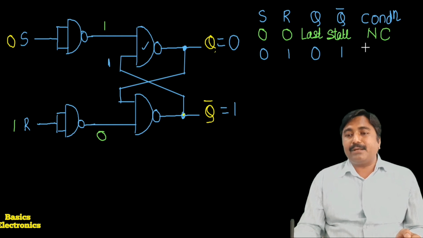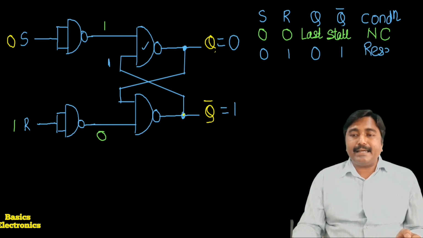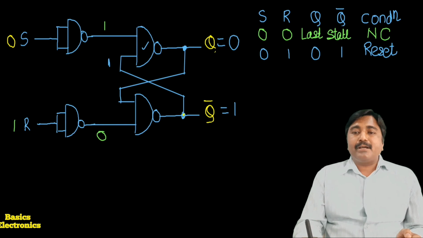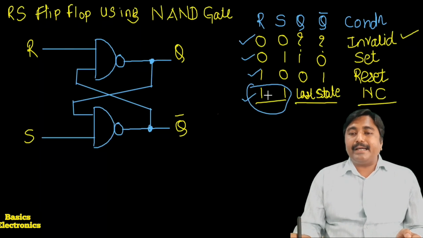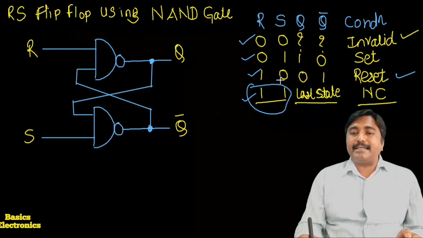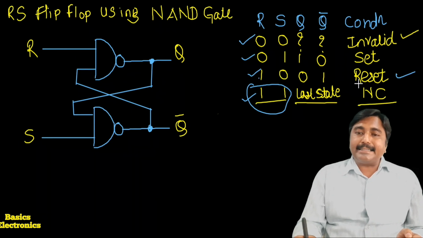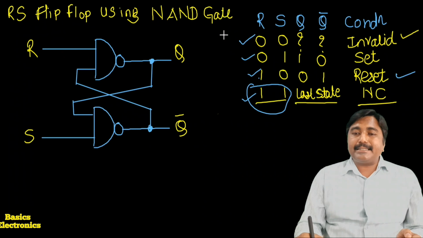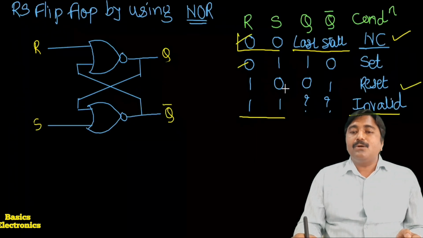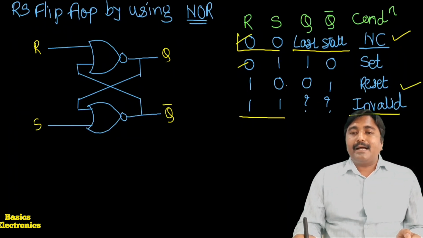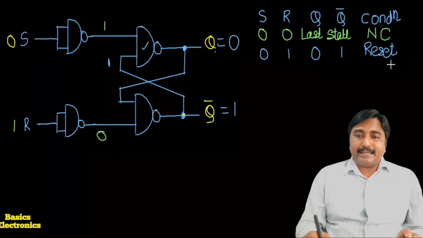This condition we call a reset condition. If we see the NAND gate flip-flop, again there is a reset condition when S equals 0, R equals 1. So here we get the reset condition.